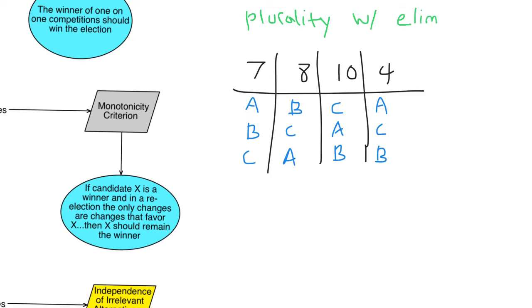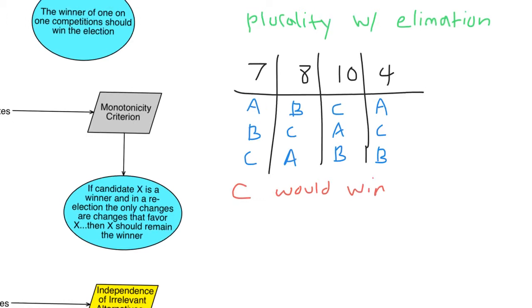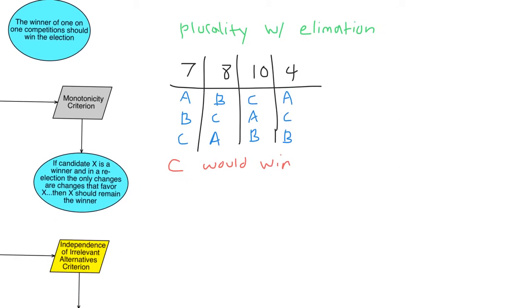If we go through the motions of plurality with elimination, which basically means you find out who has the least first place votes and eliminate that candidate, and then you move into another round where you repeat that process until you have a majority winner, then C would win. C would win.